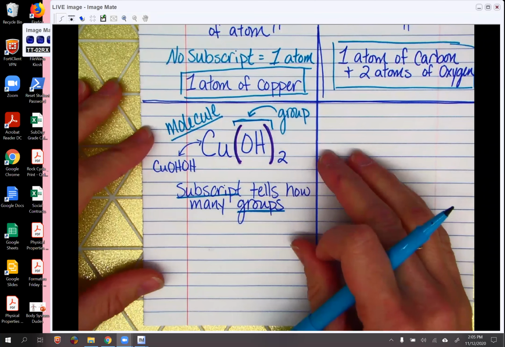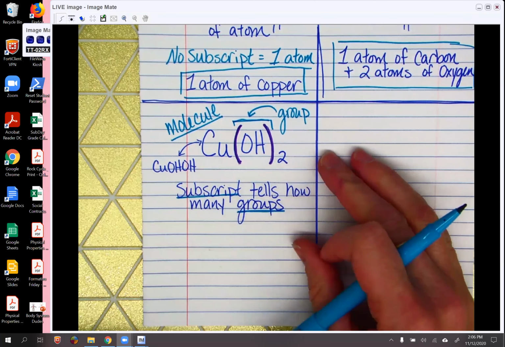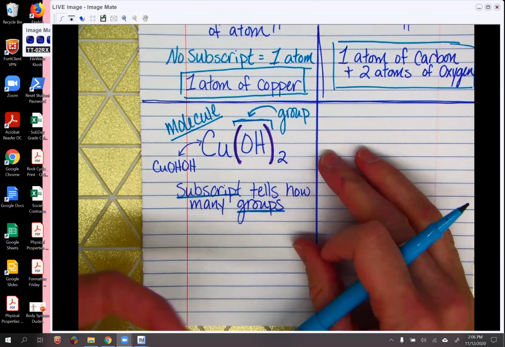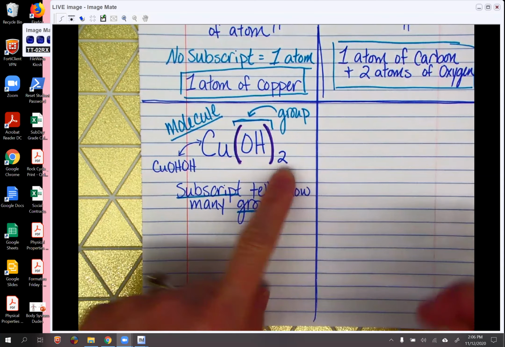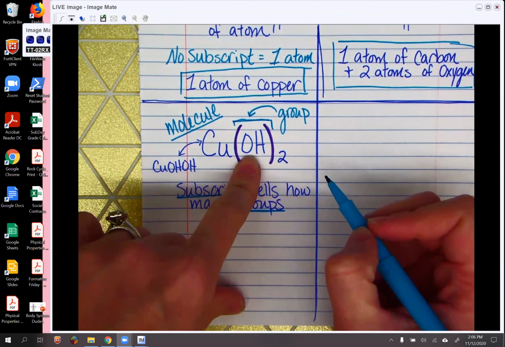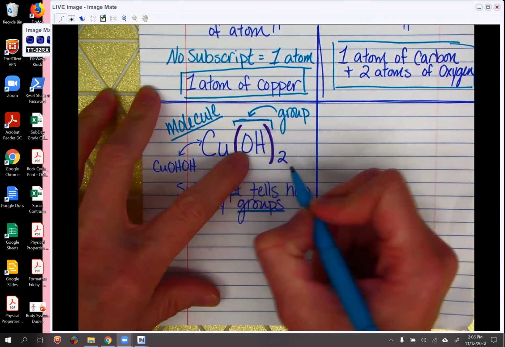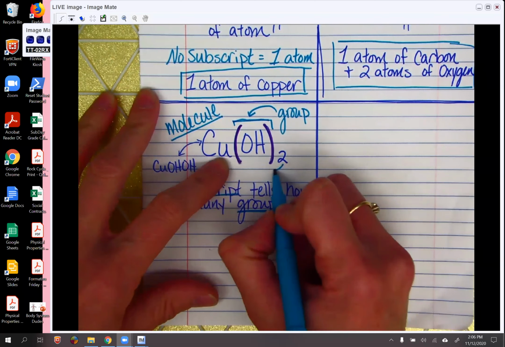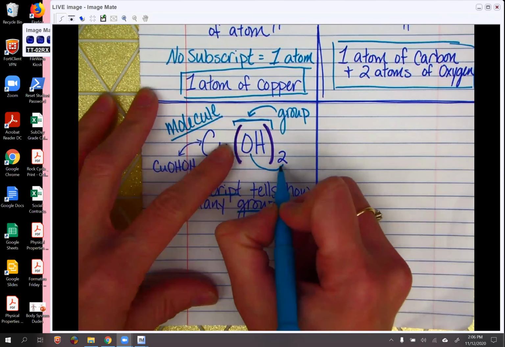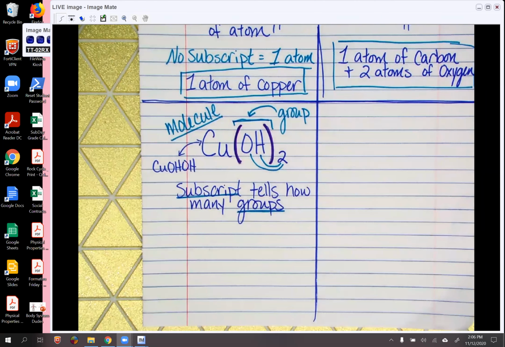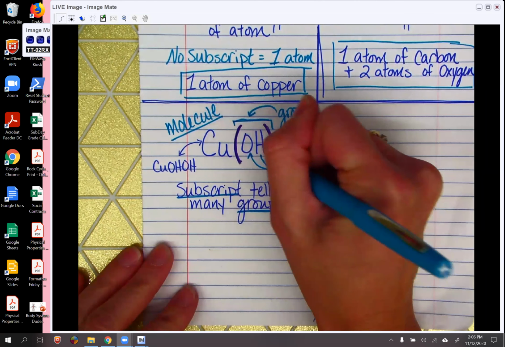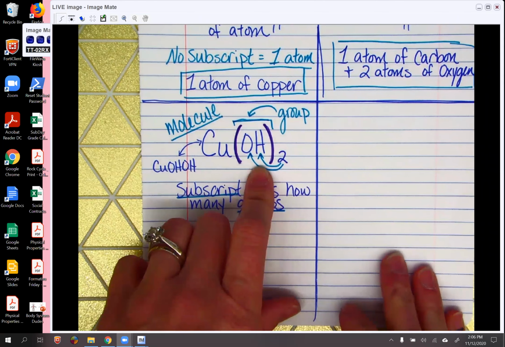When you see this, when you're counting atoms, what you're going to have to do is multiply everything inside the parentheses by the number of groups that you have. So inside the group, you have 1 O, you're going to multiply that by 2. You have 1 H, you're going to multiply that by 2. This 2 goes to both of those things.